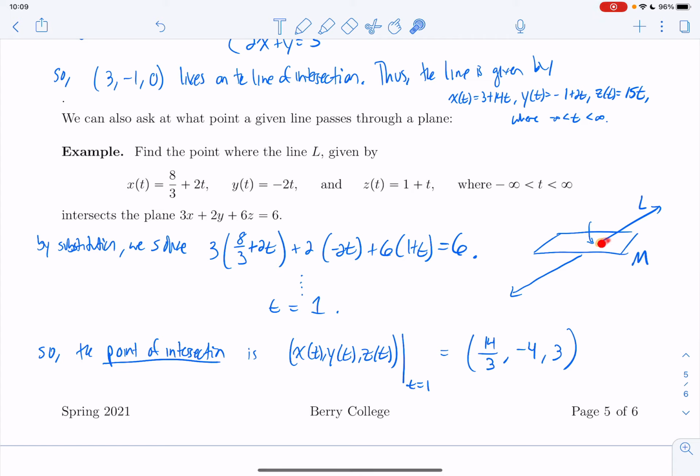And so it turns out this point is exactly this triple, x, y, z, in 3 space. So we can intersect planes and lines, that's not too bad. However, one topic we talked about for lines, but we haven't talked about for planes, is the distance from a point to a plane.